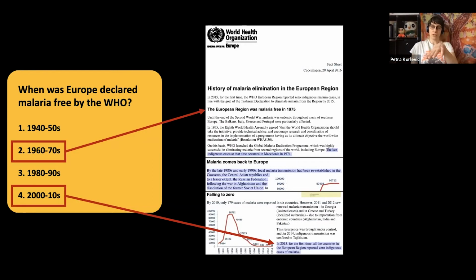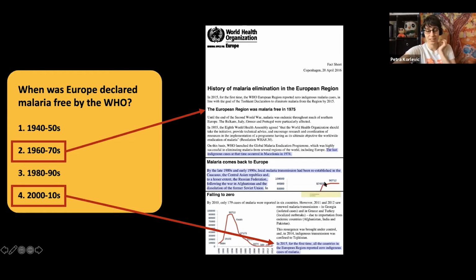So this is a report by the World Health Organization from 2016, where it states that the European region was malaria-free in 1975 because the last indigenous or local case was in Macedonia in 74, only for malaria to come back to Europe in the late 80s and the 90s.